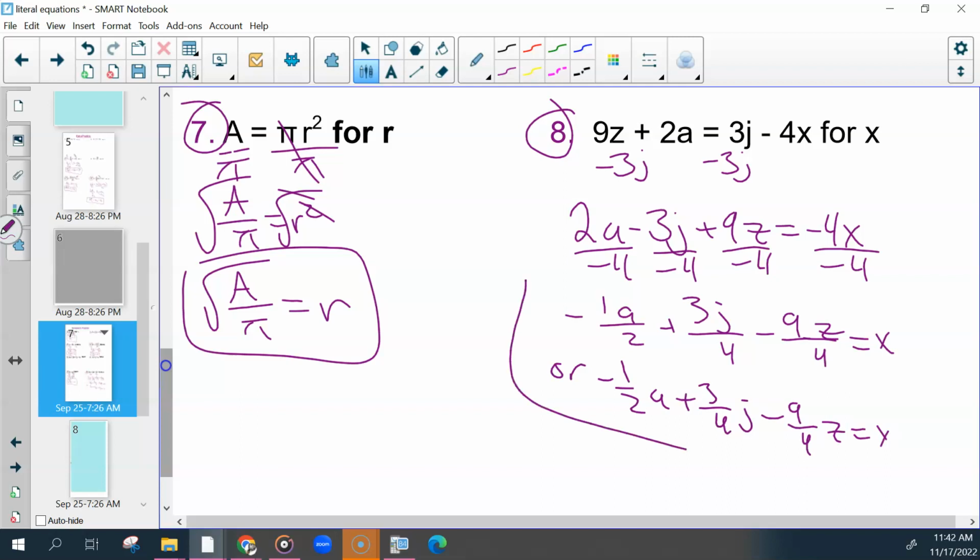Both of these are the same thing, but it's written differently. Do we have any questions on that one?